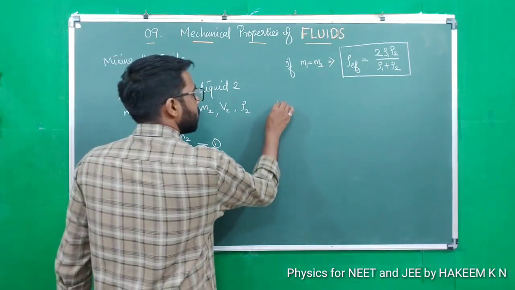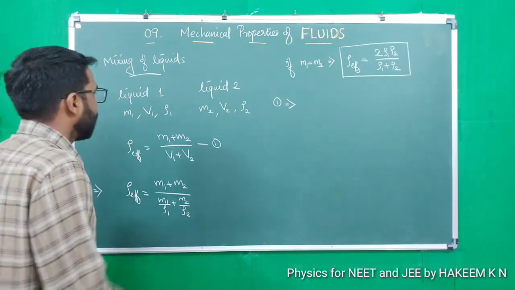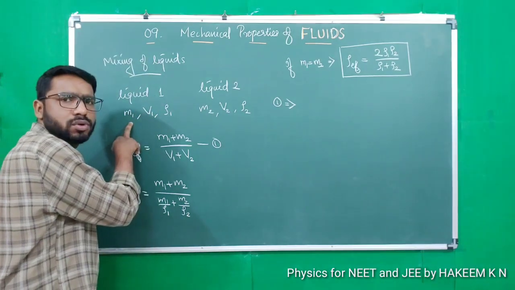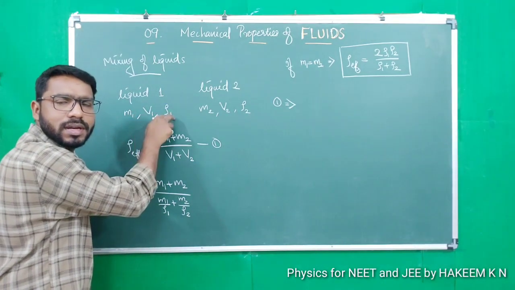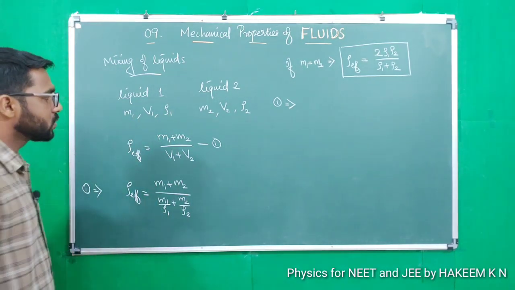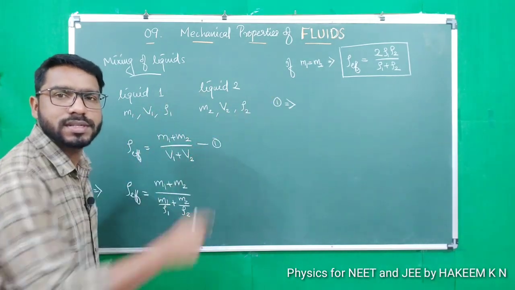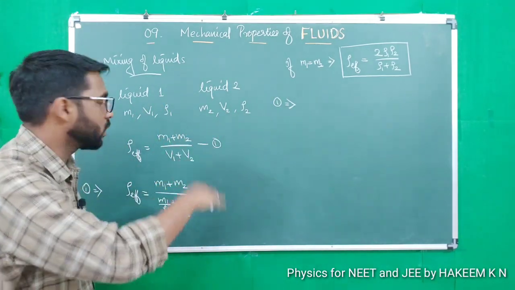And equation number 1 we can rewrite again: if mass is not given, and volume and densities of the liquids are given, we can change the numerator. Mass equals volume into density, because density equals mass by volume.